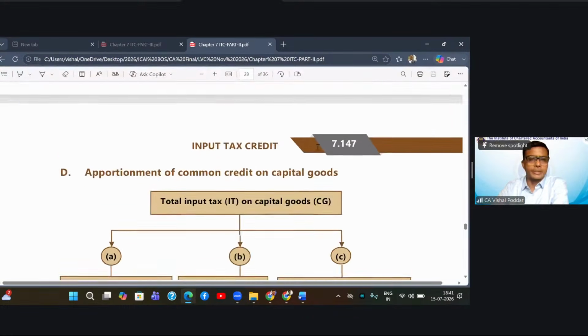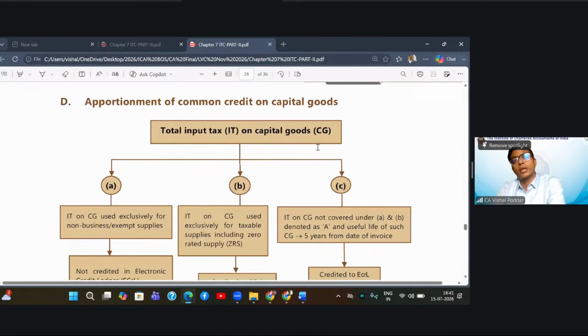Now, again in common ITC, students, we have the second part, that is common ITC applicable on capital goods. So what we saw above was the working of common ITC applicable to inputs and input services. Now what we are saying is common ITC applicable to capital goods. In case of capital goods, the difference is that capital goods are used for a period of time.